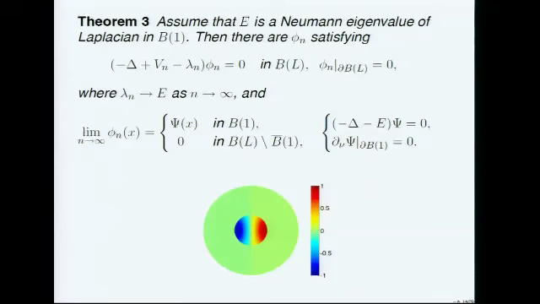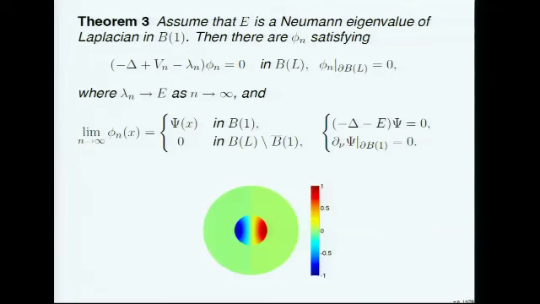So let's look at what happens in the case when the energy is the Neumann eigenvalue of this interior here. When we consider these approximative cloaks, we look at what happens when we make better and better approximations.